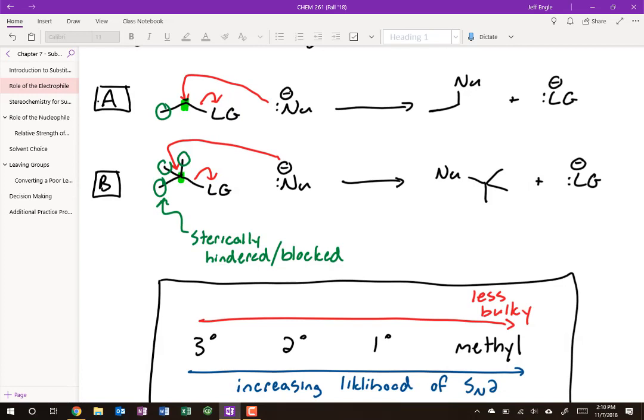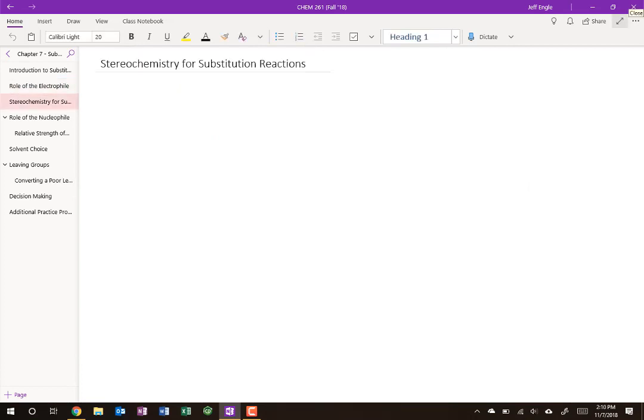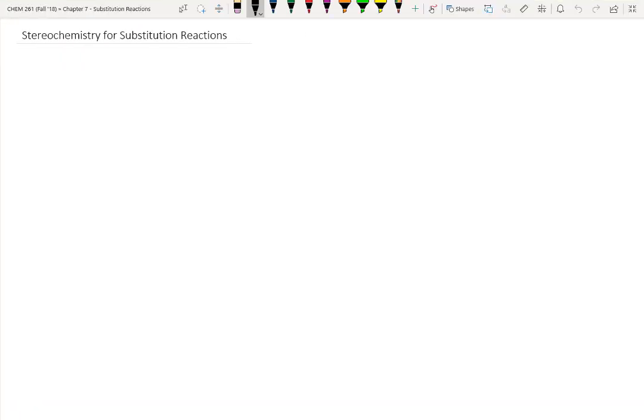Let's talk about the stereochemistry of each of these. Stereochemistry matters a lot. Let's do SN1 first. And what I want you to do is to help me draw this molecule.